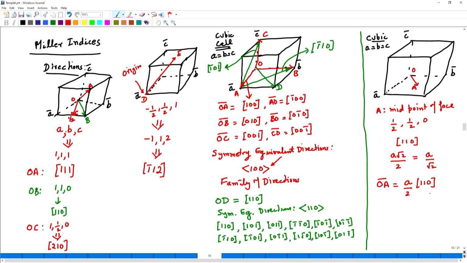So, I have the Miller indices 1, 1, 0, and then whatever magnitude I get from the 1, 1, 0, I multiply this by A by 2 to get the specific magnitude. So, if I call it OA without the bar, this would be A by 2 times 1 square plus 1 square plus 0 square to the power half, and this gives me A root 2 upon 2 or A upon root 2. So, by this method I can also give an absolute direction.